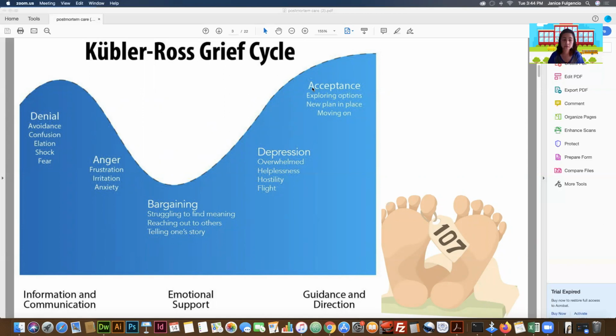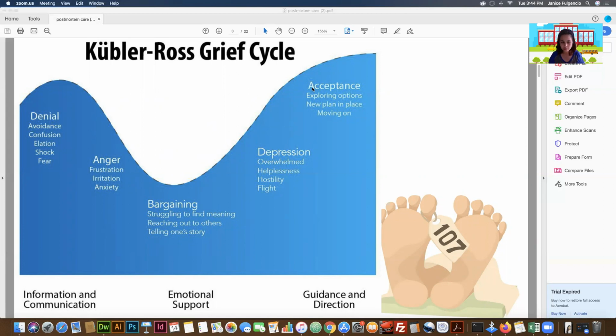And lastly, once you have undergone these four stages, you will accept the situation. You explore options, have a new plan in place, and move on.